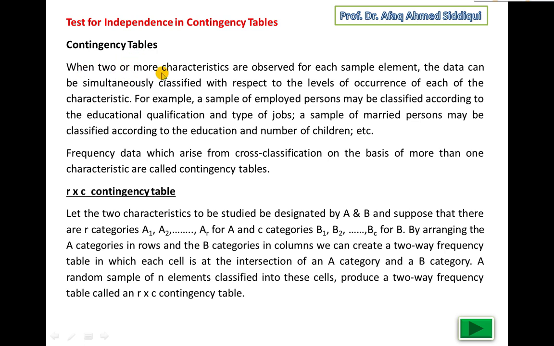So when two or more characteristics are observed for each sample element, the data can be simultaneously classified with respect to the levels of occurrence of each of the characteristics.